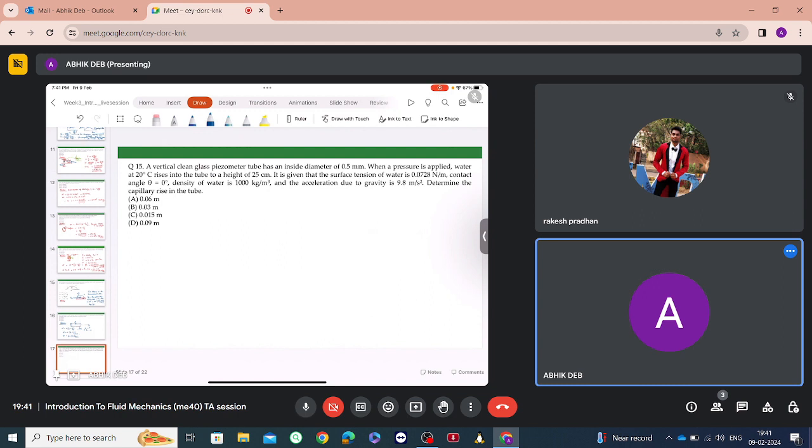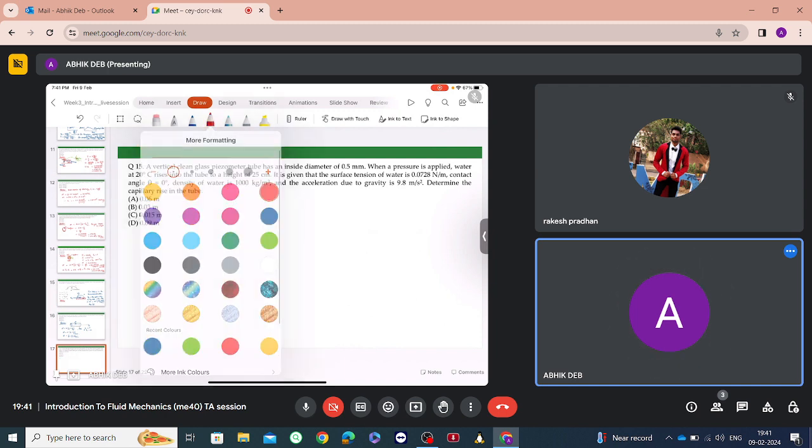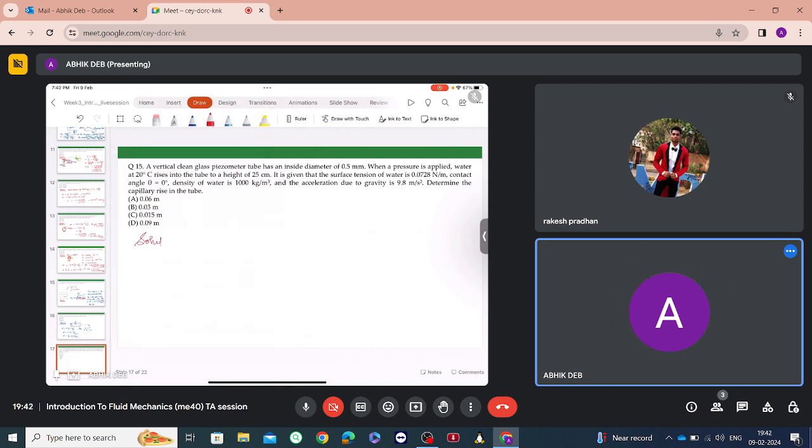So for this, we will be using a result that we have already derived in the previous class. So what essentially is the problem here? So this is, say, the liquid. In this liquid we insert a glass piezometer here.